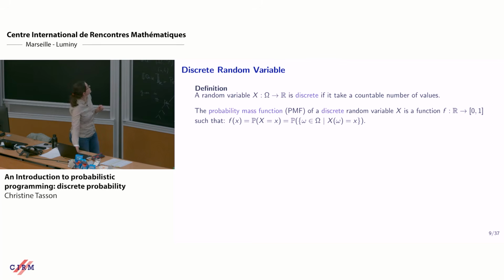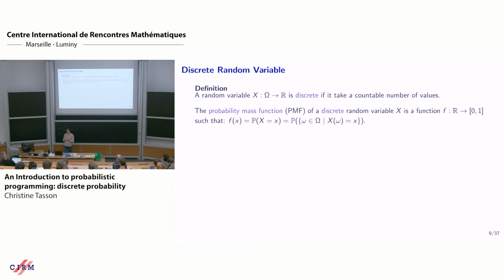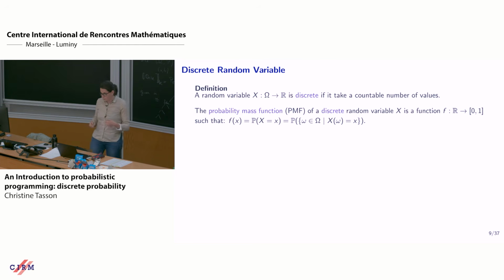Okay, so just a little break on discrete random variables, what we have seen till now. We have seen that a random variable is a function from the universe to the outcome. Here it's discrete if it takes a countable number of values. Here I put R, but it could be Booleans, it could be integers, whatever the output type. And we are interested in the probability mass function, which for a discrete random variable is a function f computing the probability that the random variable outputs x.